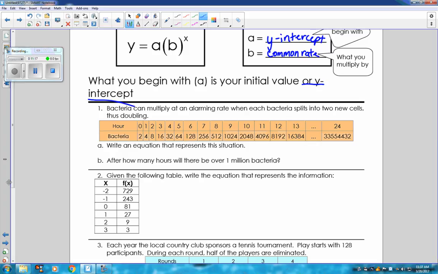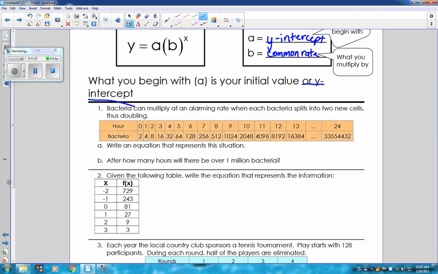The first thing I have to know is, what is my y-intercept? When I say y-intercept, I'm looking for a specific number. Two.